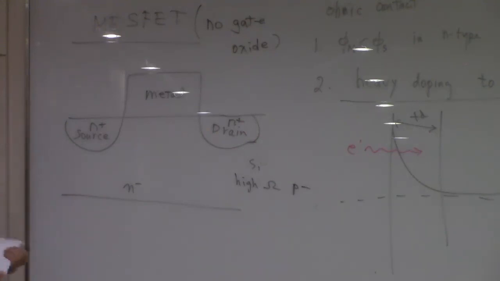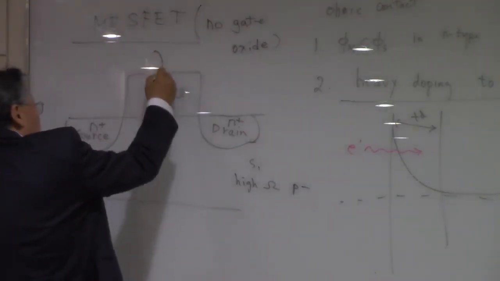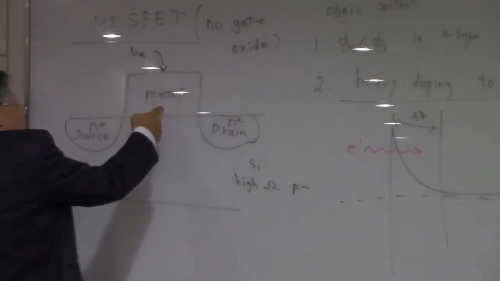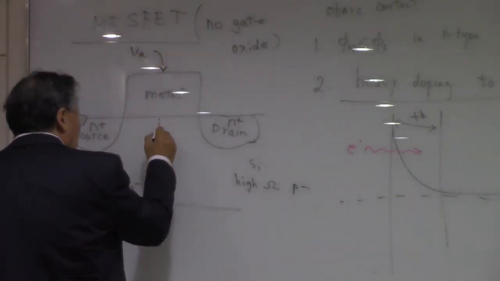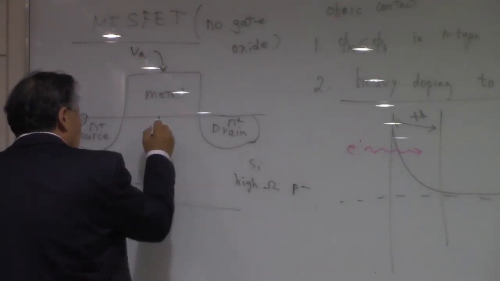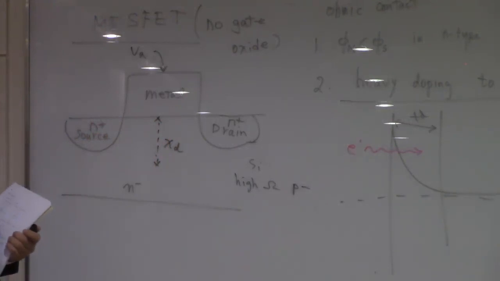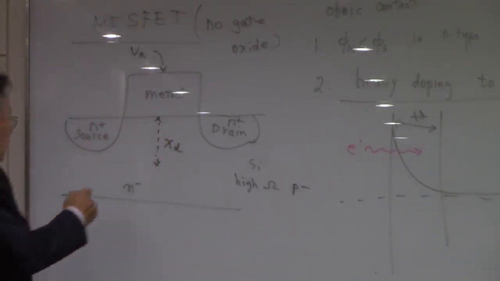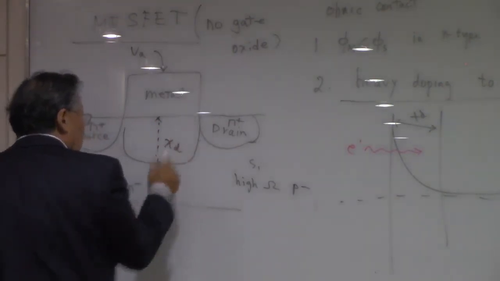If you just deposit a metal on top of the silicon, then according to the bias to the metal, the XD is going to be modulated according to the equations that we have, so that the depletion is going to form something like this.